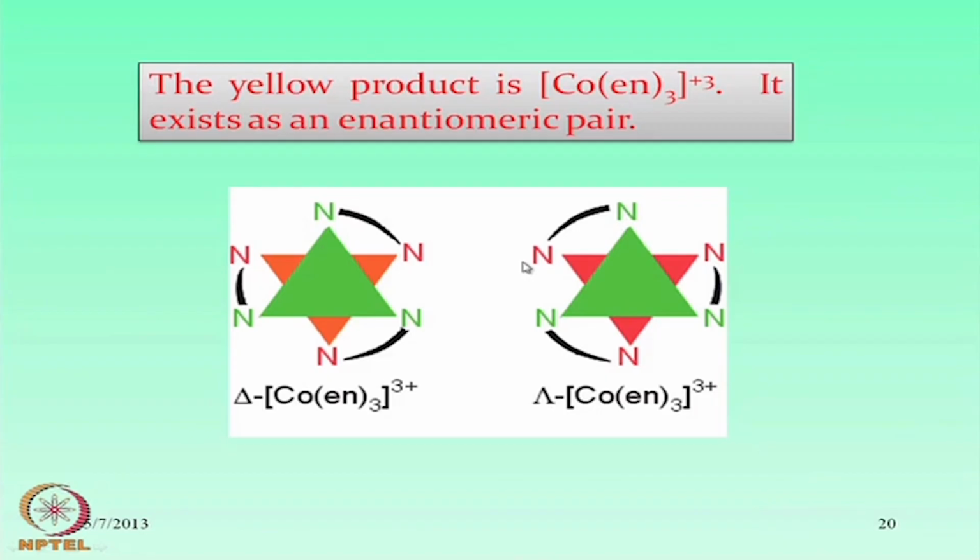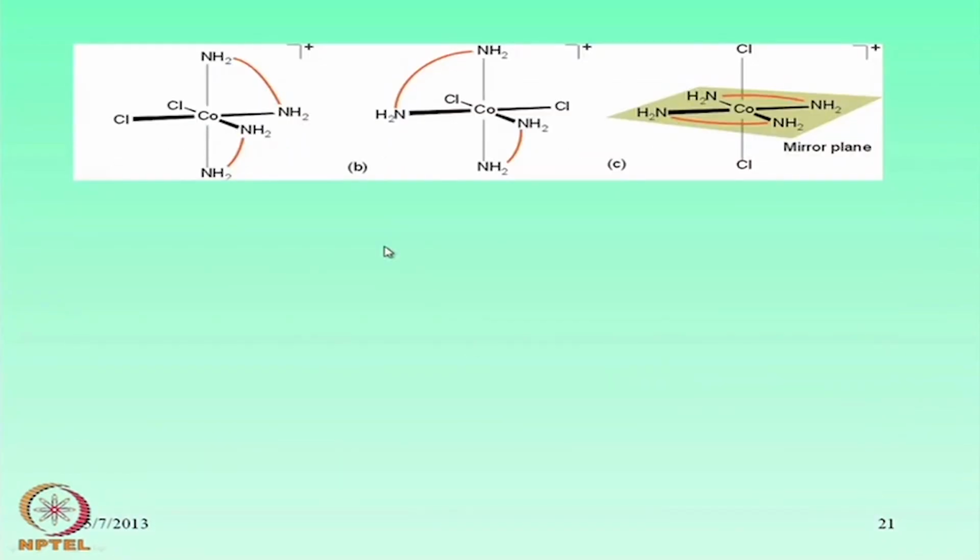But since all these nitrogens are of the same type, we don't have any other choice for facial and meridional isomers. They are all of CoN6 type. This is also CoN6 type, but still within the CoN6 environment we can have two different isomers. But in the case of the corresponding chloro derivatives, that means the cis compounds, these are the two cis compounds and this is the trans.